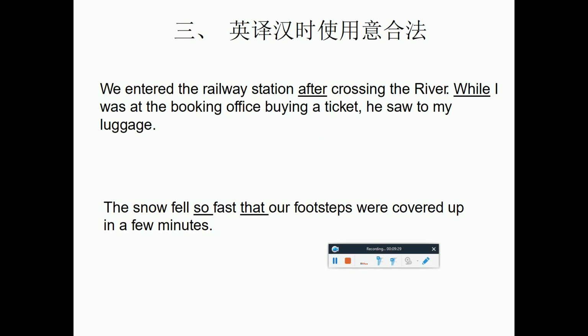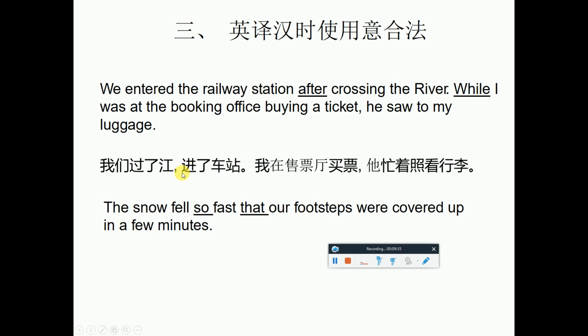Therefore, when we translate this sentence, we can omit those conjunctions. 我们过了江，进了车站。我在售票厅买票，他忙着照看行李。You see, in this sentence, we also used the technique we learned in Lesson 4, word order rearrangement, because Chinese follows time sequence.